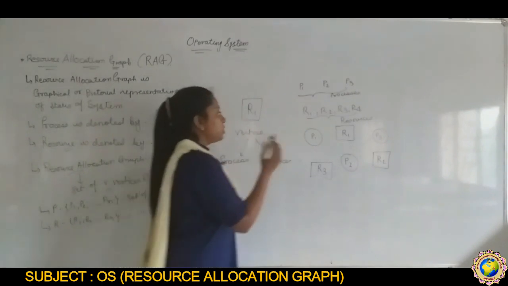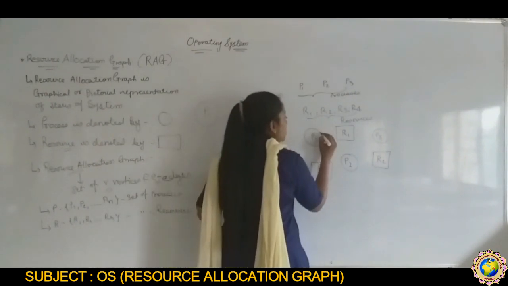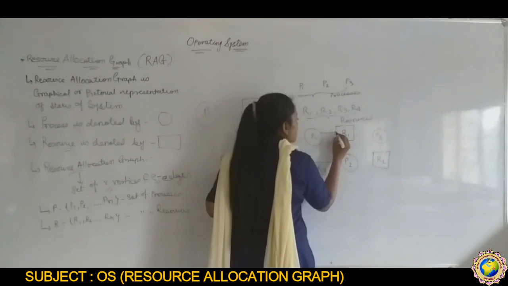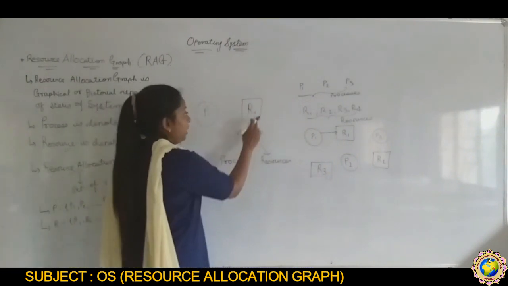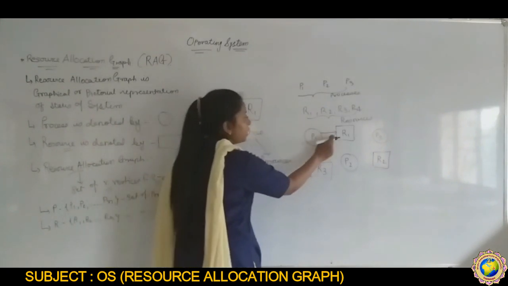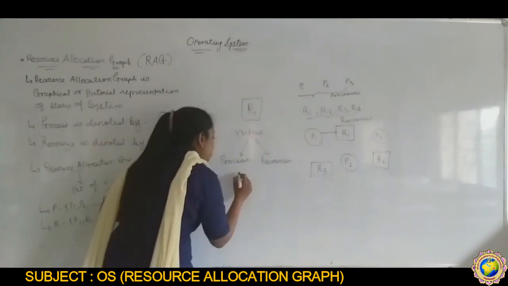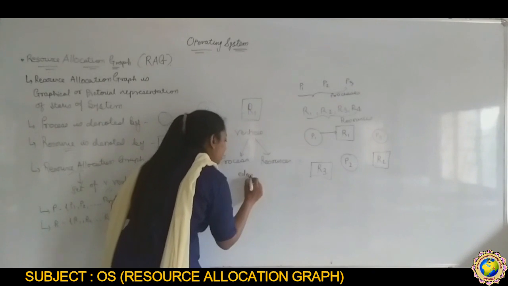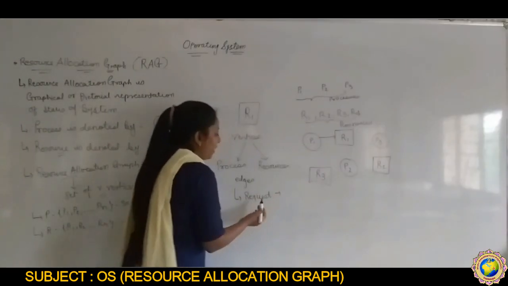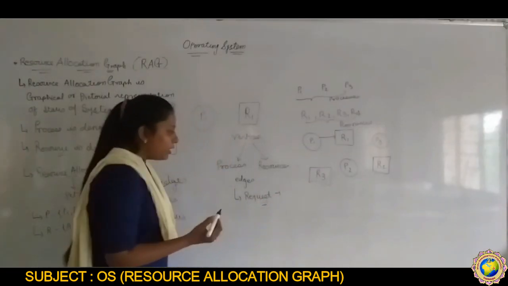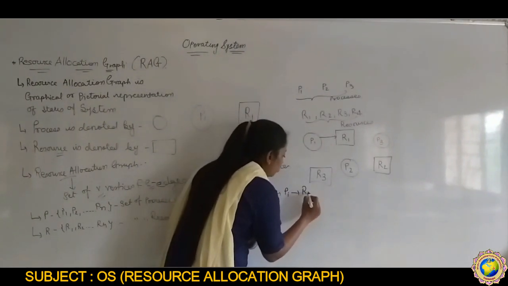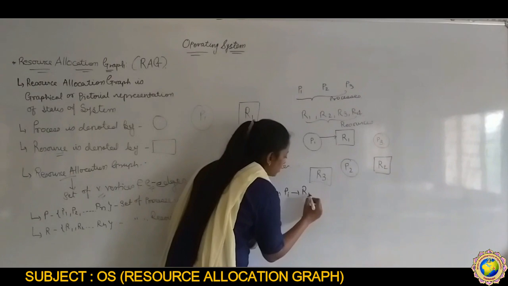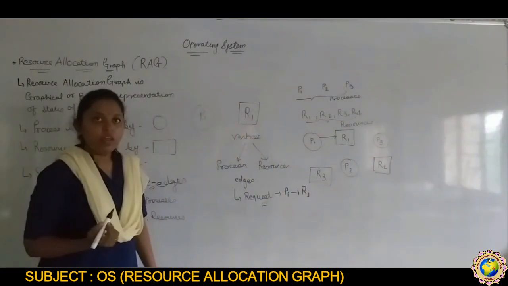Whenever a process requests a resource, we draw an edge. These are the vertices, and these are the edges. Edges can be defined as a request, that means a process requests a resource.